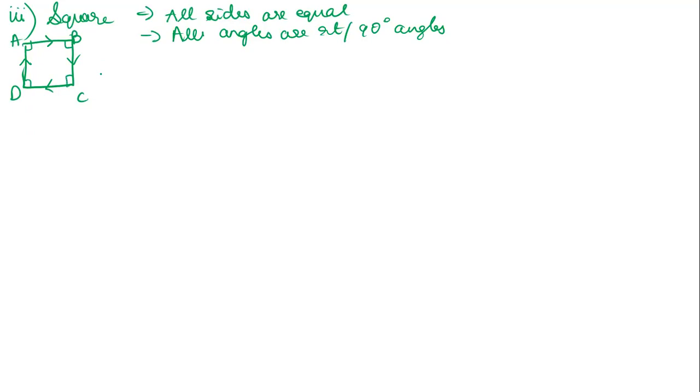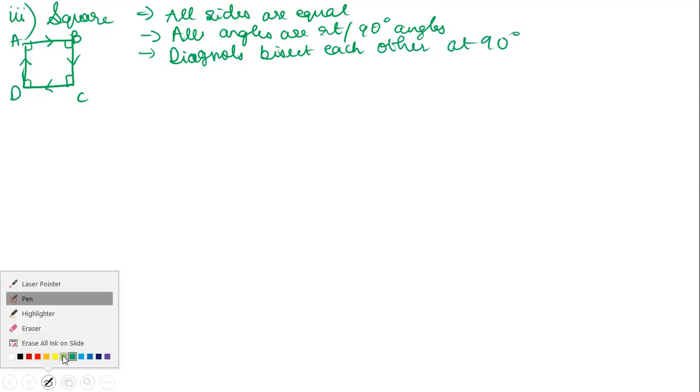And you have to remember that the diagonals bisect each other at 90 degrees. Meaning you can say that the diagonals bisect each other and are perpendicular to each other. Or in simple words, the diagonals bisect each other at 90 degrees. Clear? So let's mark that in the figure.